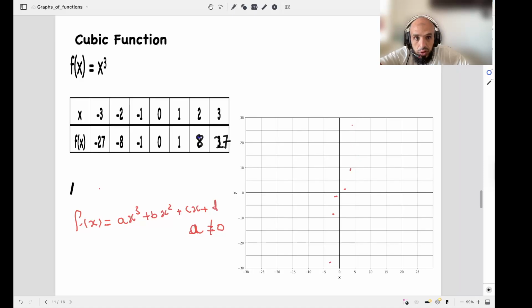And for 3, it's 27. And this is an odd function, symmetric about the origin, because f of negative x is equal to negative f of x.